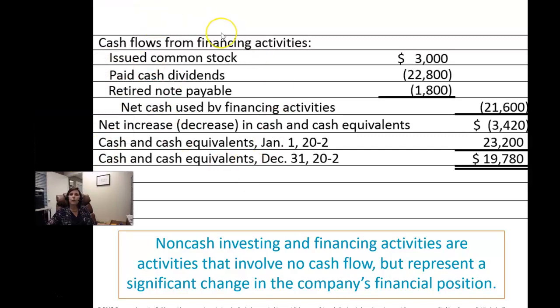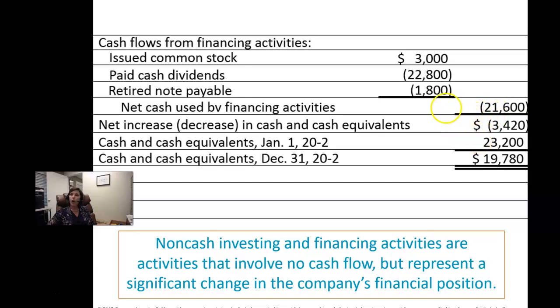And then this is what represents the bottom of the statement of cash flows. They just didn't jam it all onto one slide for you, but this is our financing activity, which appears after the investing section, and it shows us that we had a net decrease in cash from our financing activities.